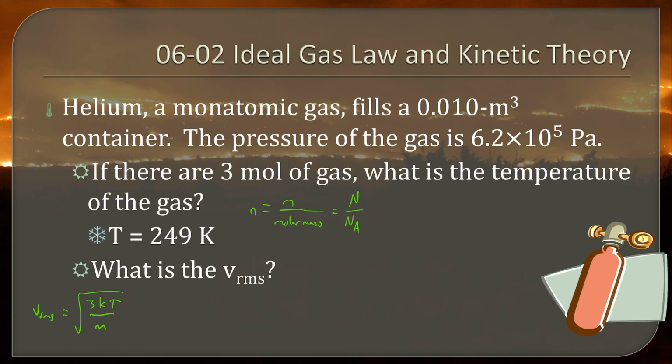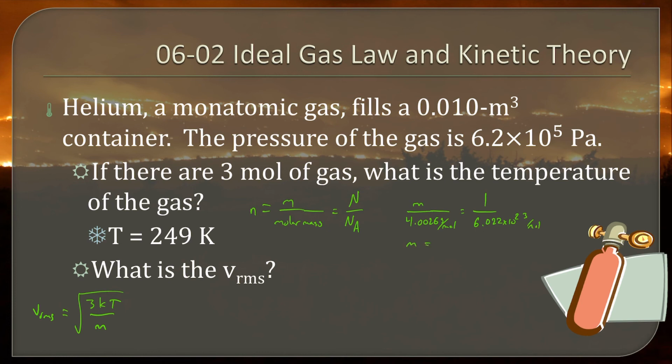So I am looking for the mass. The molar mass of helium is 4.0026 grams per mole. I want one atom, and Avogadro's number is 6.022 times 10 to the 23 per mole.